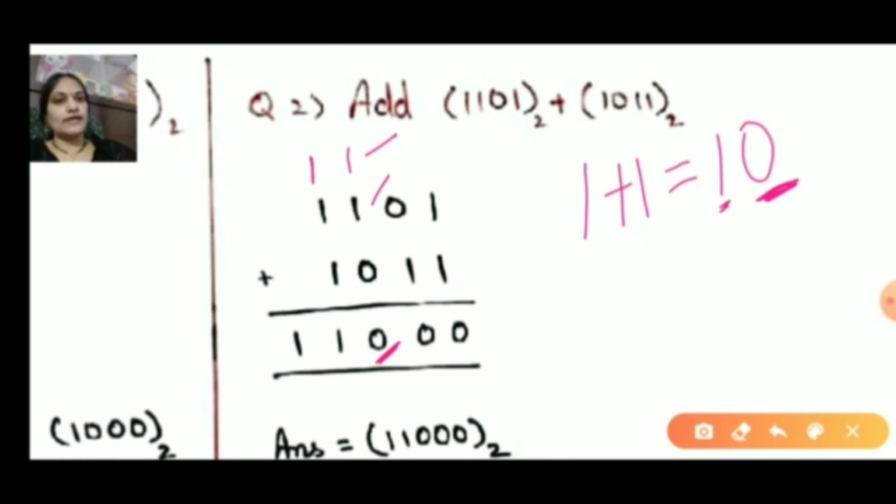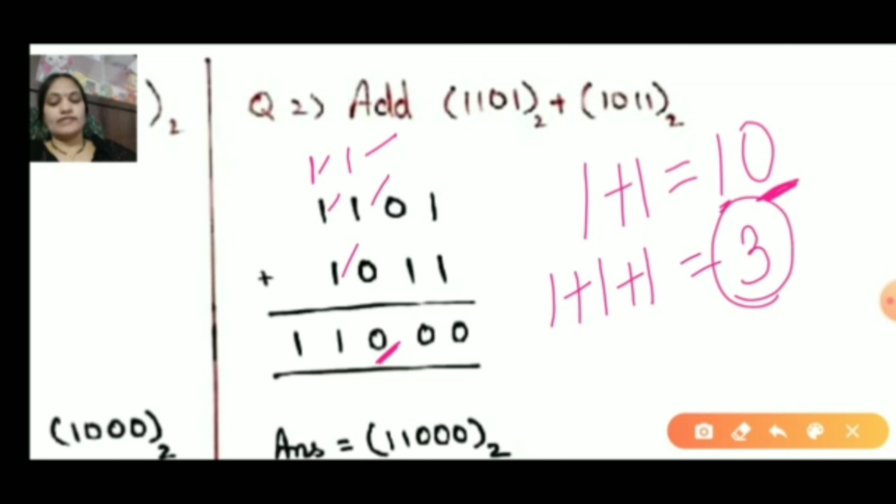Now you have to add 1 plus 1 plus 1. So 1 plus 1 plus 1 is equals to 3 in case of decimal number system. But here we should not write the digit 3. Why? Because the digit 3 is not present in the binary number system.